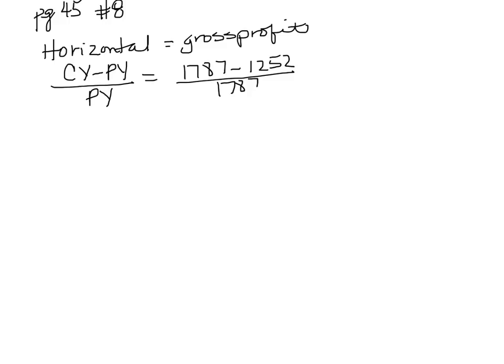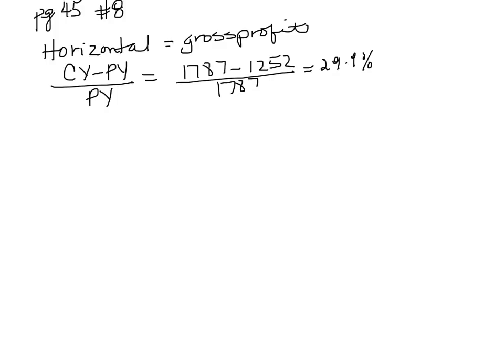If we go ahead and do the math on this, 1787 minus 1252 gives us $535, so that was the net dollar change, divided by 1787 gives us a percentage of 29.9% if I'm carrying it to 1 decimal point.